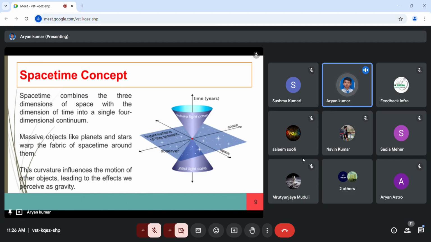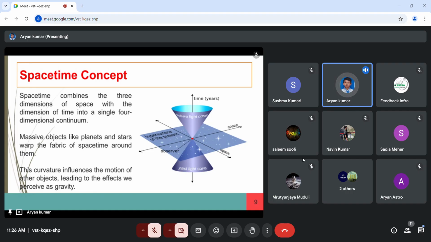So the space-time concept combines the three dimensions of space with the dimension of time into a single four-dimensional continuum. Massive objects like planets and stars warp the fabric of space-time around them.